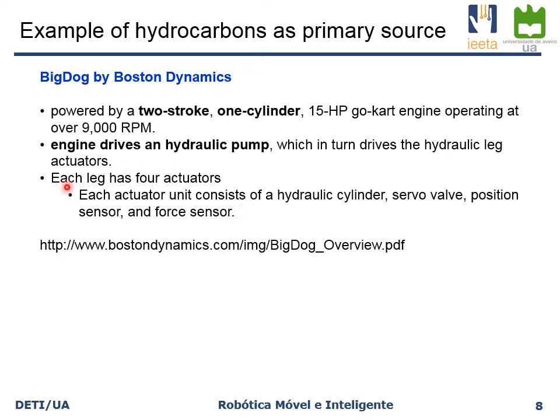So this is an integrated actuator that already has sensors, which is a theme that we already heard about previously. So the integration of actuator and sensors together with electronics to control the actuator is the most common way to see an actuator.